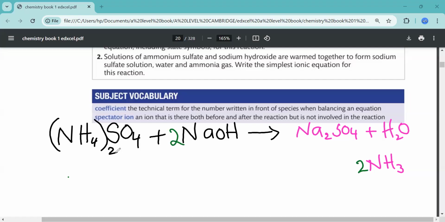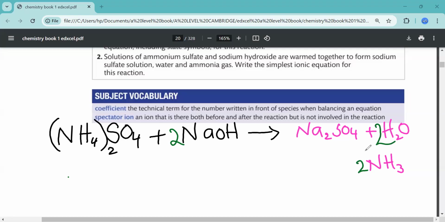Hydrogen, 4 times 2 is 8, plus 2 is 10, 3 times 2 is 6, 6 plus 2 is going to be 8, so we will put 2 here. My bad, I didn't check the oxygen. So 4 plus 2, it's 6 oxygen. 4 plus 2, 6 oxygen. Now the equation is balanced.